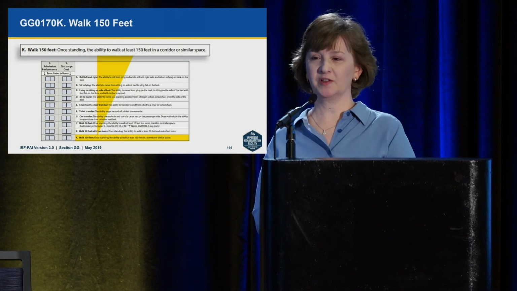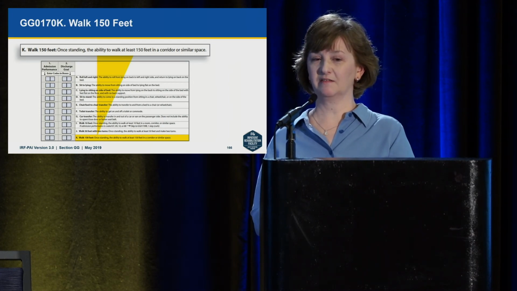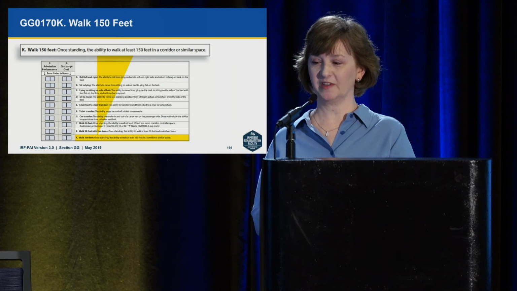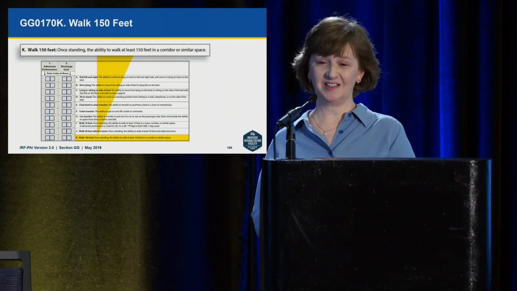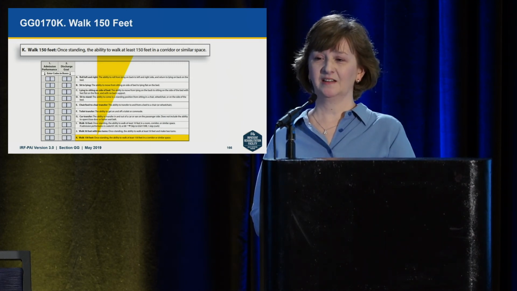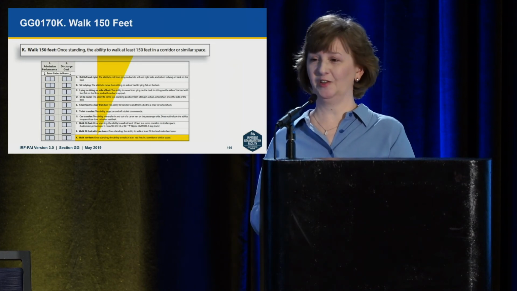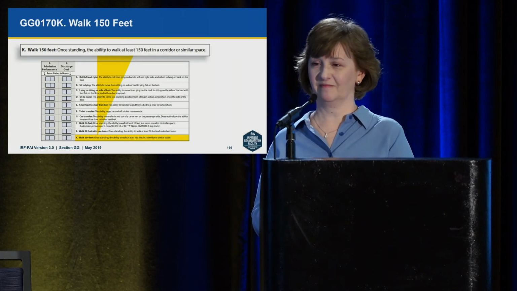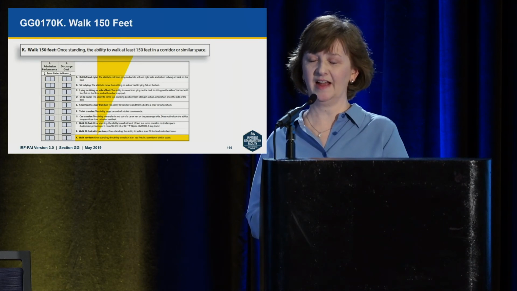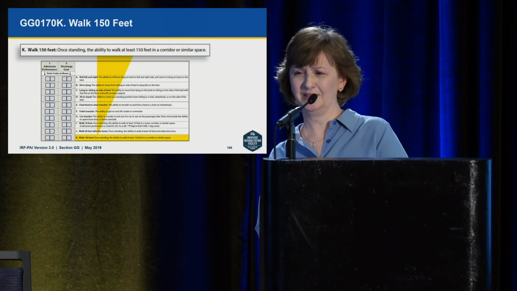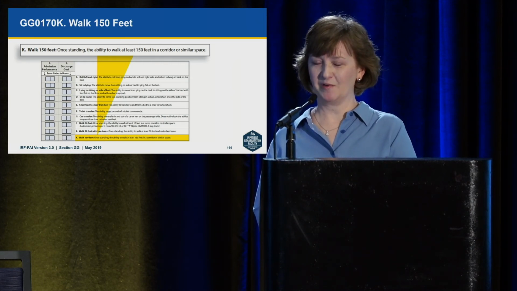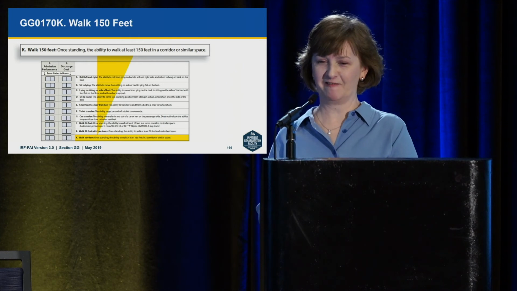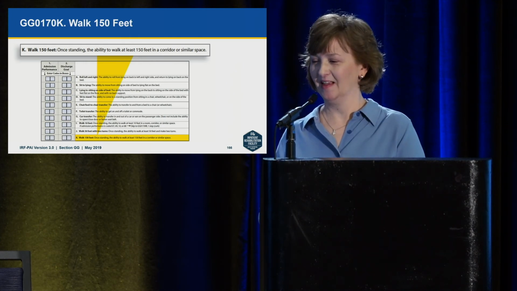You would be able to assess how much assistance is needed to go 10 feet, right? Because they can go more than 10 feet. For 50 feet with 2 turns, they didn't meet the full distance, so they would get one of the activity not attempted codes. They did not go 150 feet. You're not doing that for them, so they would get coded activity not attempted. Does that help? Okay, great. Okay, I was going to give you another coding tip, but now I forgot it. Sorry. It'll come back to me.